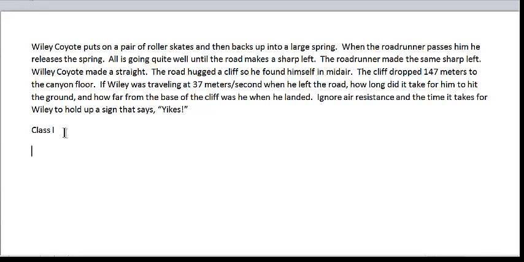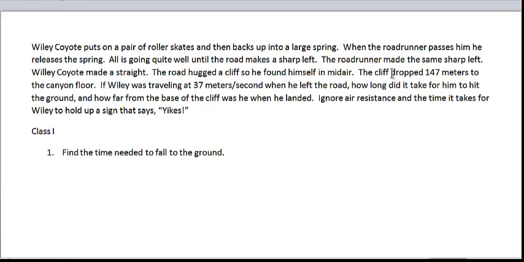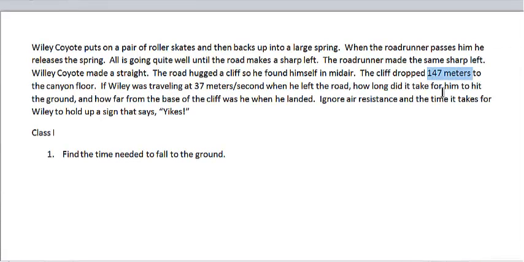You'll see that's a little more work than that, but really they are: step 1, find the time needed to fall to the ground. We know how high up in the air he is, 147 meters, and it does not matter how fast he is going horizontally, assuming he leaves horizontally.